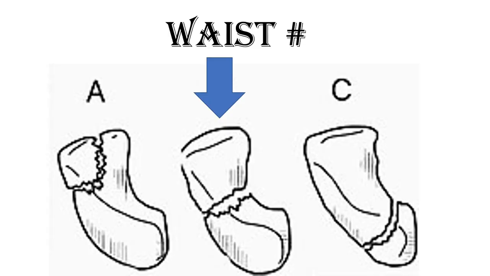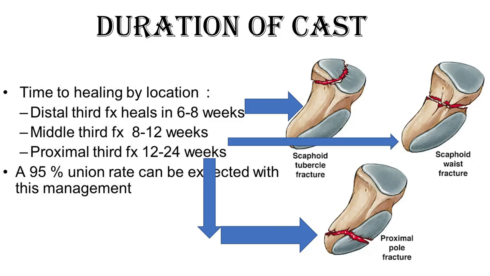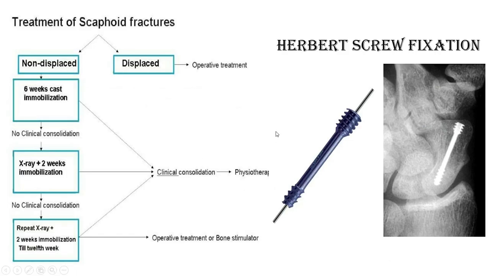And regarding the operative treatment, we put a Herbert screw. What do you mean by Herbert screw? It has a different pitch, and this is the guide wire. This Herbert screw is put within the bone, and it has no head. It is called a headless screw.